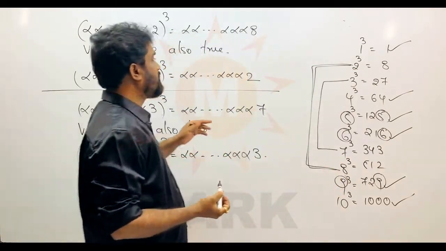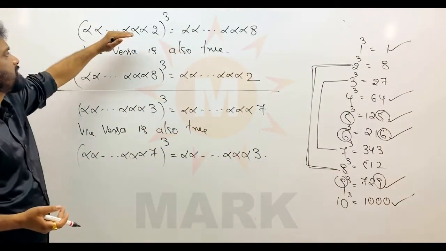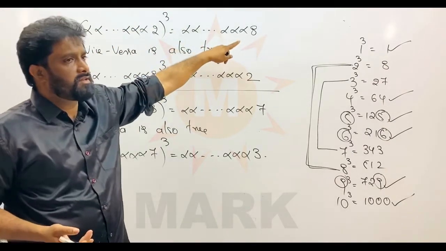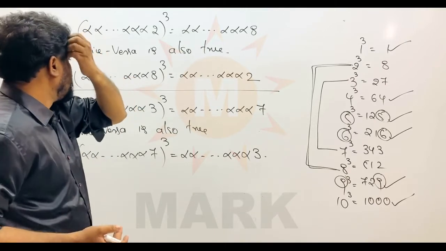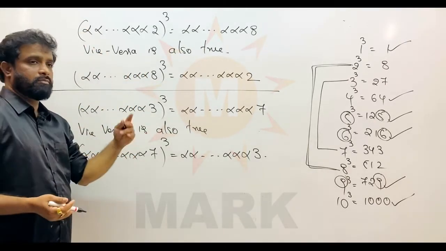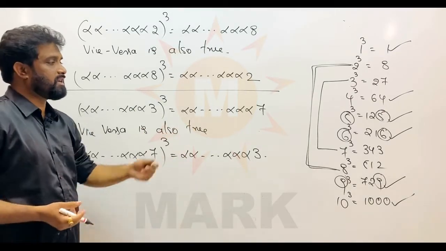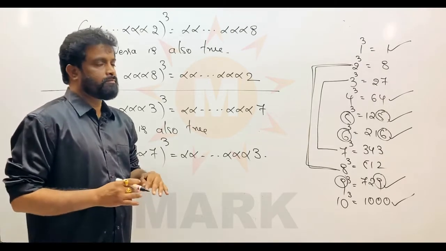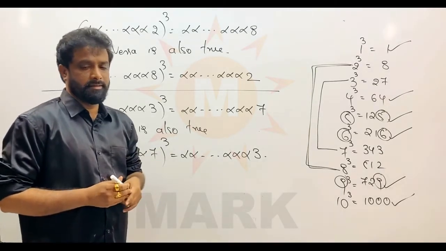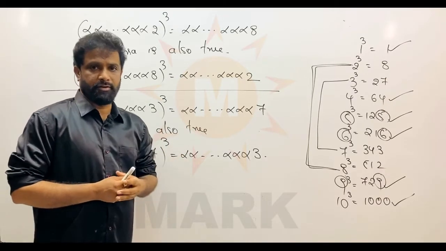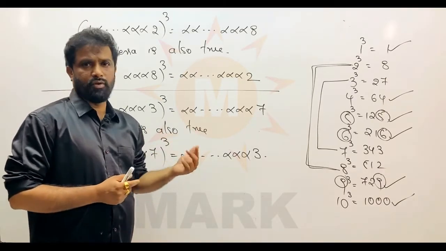Any number whose base is 2, when you cube it, the answer will end with 8, and the same vice versa is also true. The same rule applies for 3 and 7 also. So these are the important points that we should know before entering the topic of finding the cube roots of a perfect cube. Now we will take some examples and solve them.